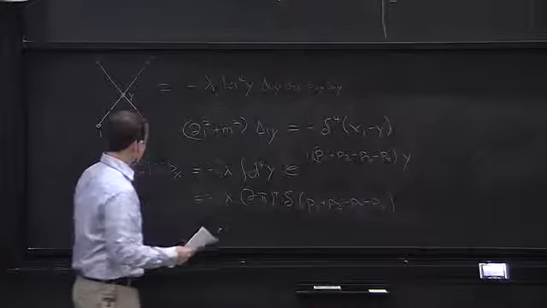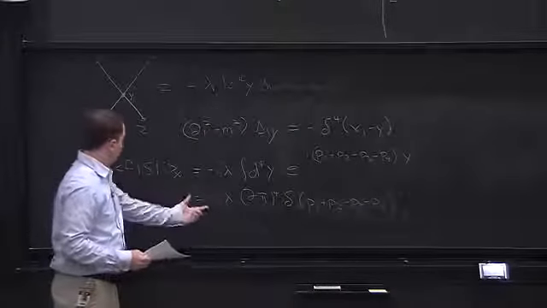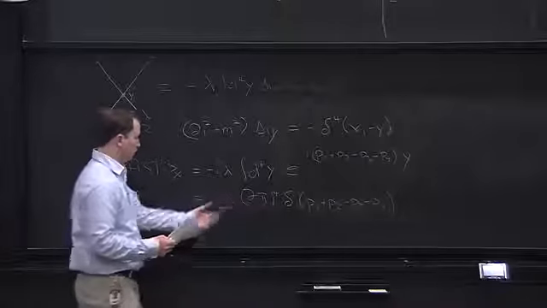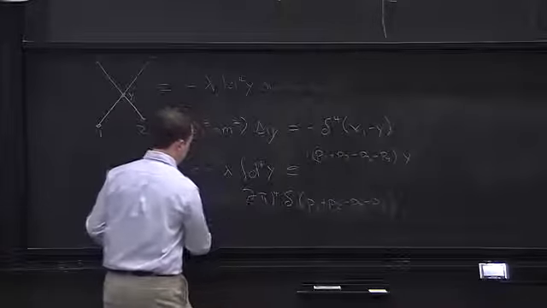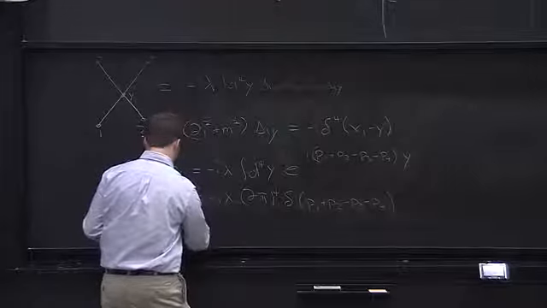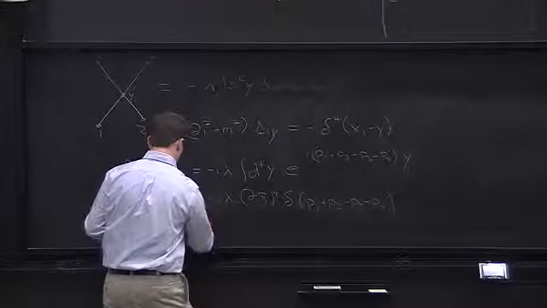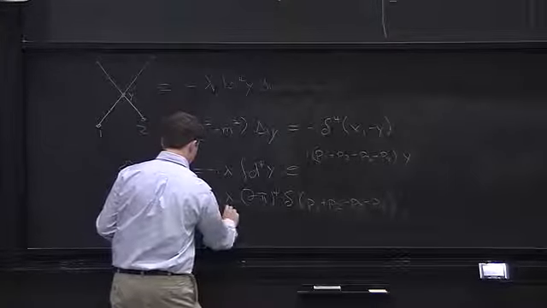And the matrix element is related to this amplitude by just subtracting off or factoring out the delta. So we get the matrix element is minus i lambda.